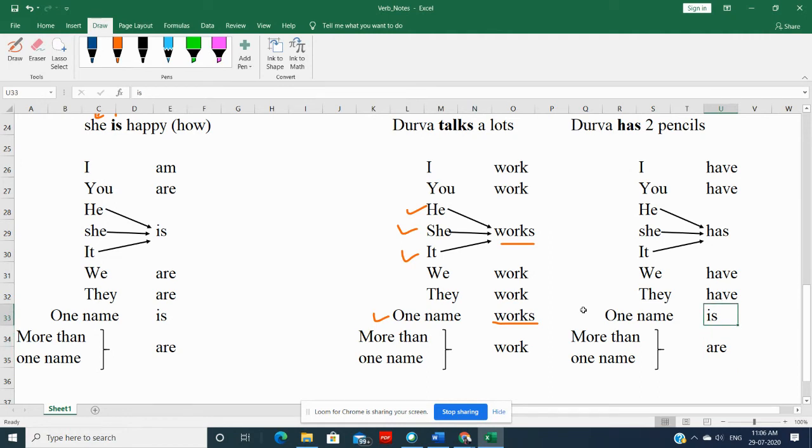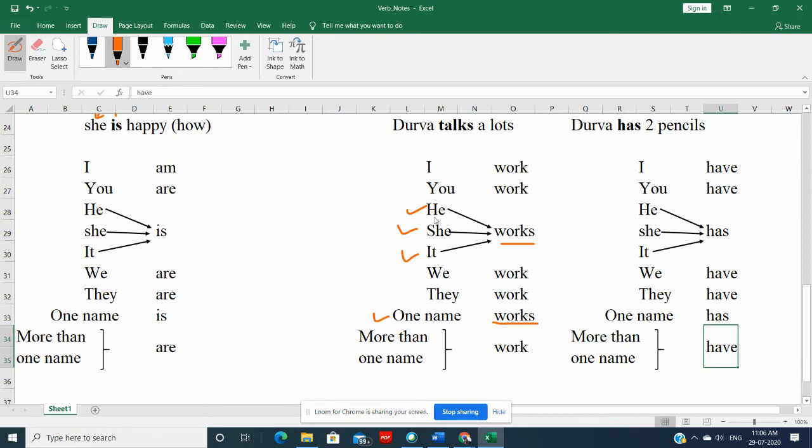If only one name is there, it can be anything, okay? It can be any person's name, it can be any place name. It can be anything. So if there is only one name, then has, and if there is more than one name, then we use have. See guys, it's very easy. You don't have to think much about it.